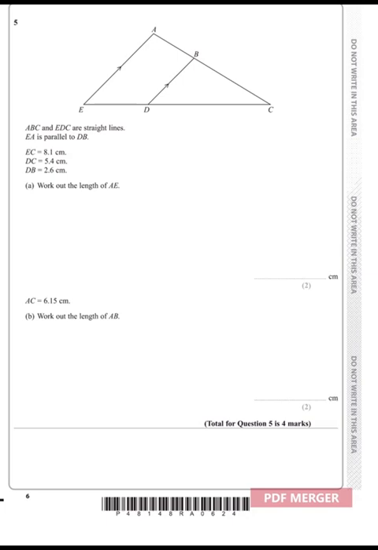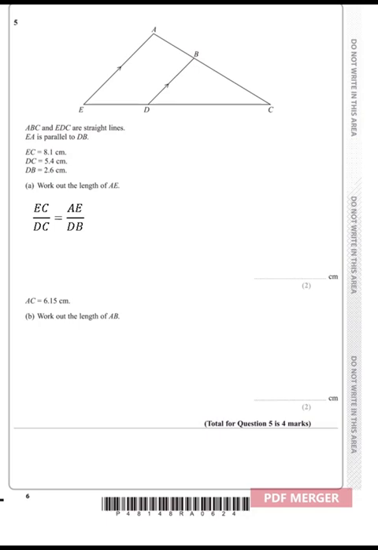Therefore, we also need to work out the scale factor between ED and DC. So how do we work out the length of AE? So EC, which is the longer side, EC divided by DC is equal to AE divided by DB.